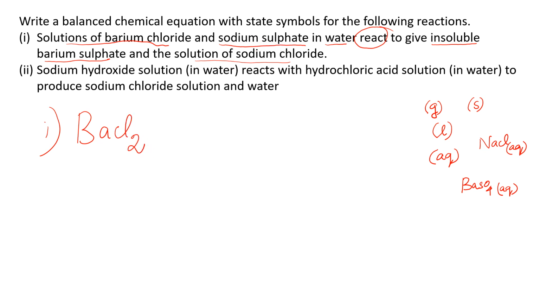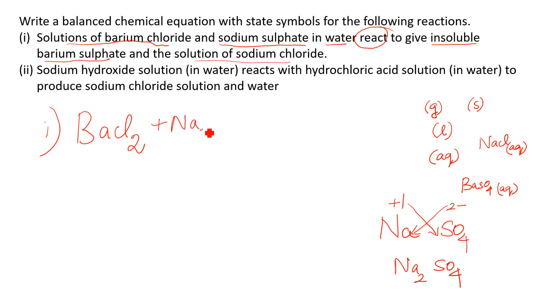Now, how do you write sodium sulfate? Sodium is Na with the charge 1, valency 1, charge plus. Sulfate is SO4 2 minus. Crisscross the numbers. It is Na2SO4. So the formula for sodium sulfate is Na2SO4.